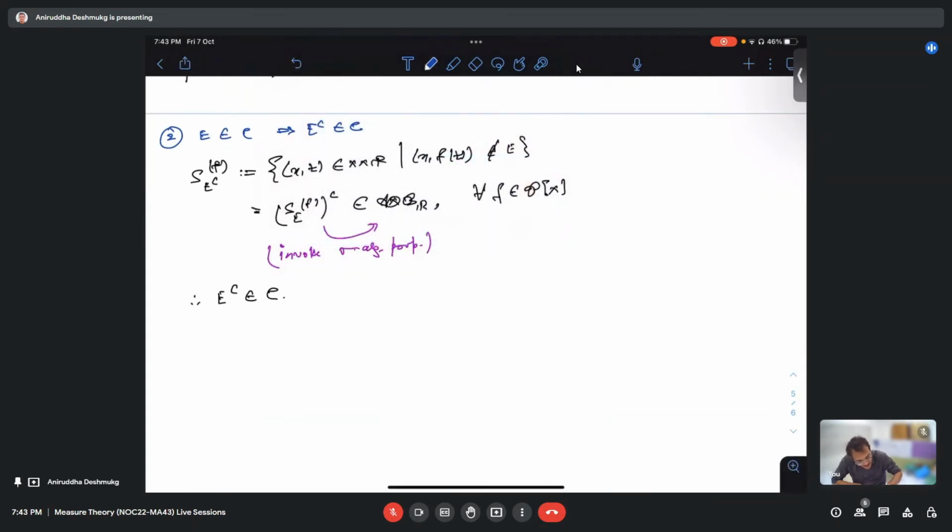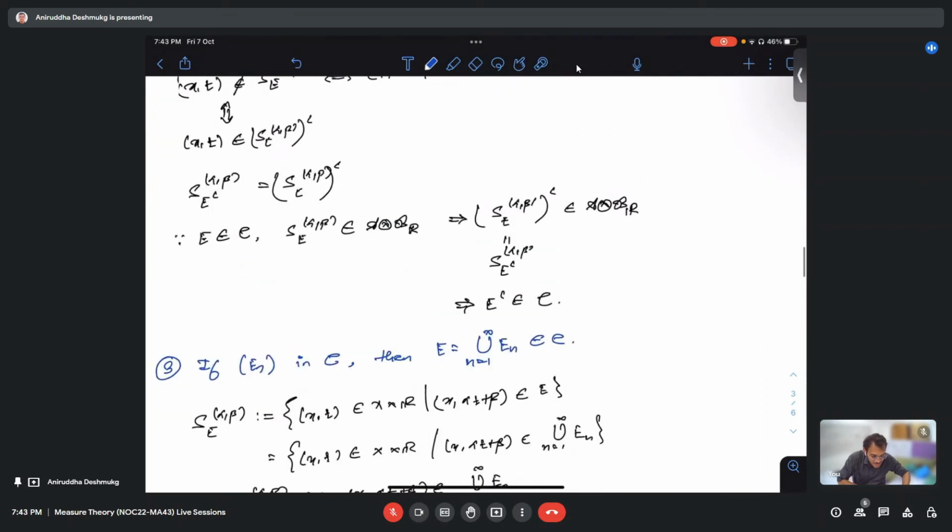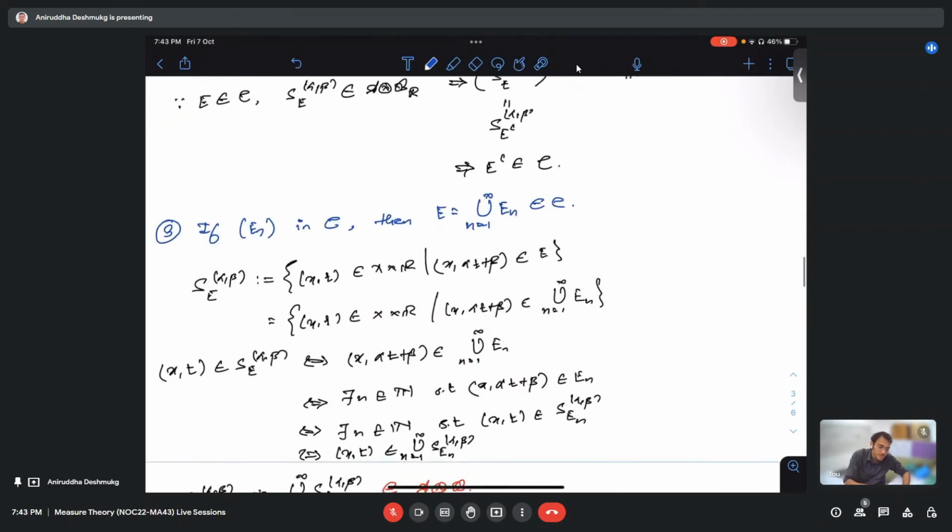The third thing we need to prove is that the unions are inside C whenever the E_n are inside C. It's the same as the first one. As you notice, in proving that it is a sigma algebra, we never used the property that this function was just alpha t plus beta.